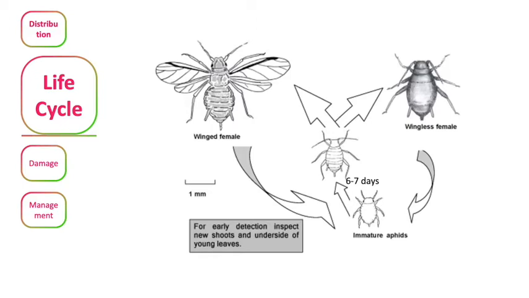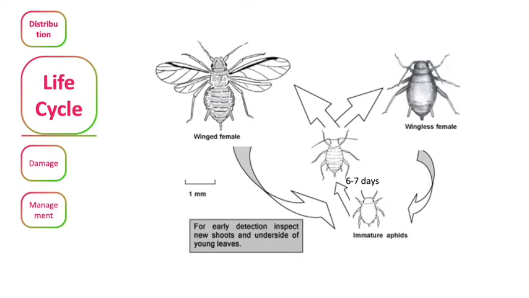The dispersants typically select new growth to feed upon and may produce both winged and wingless female offsprings. Under high density conditions, deterioration of the host plant, or upon arrival of autumn, production of winged forms predominates. During periods stressful to the host plant, small yellow or white forms of the aphids are also produced.